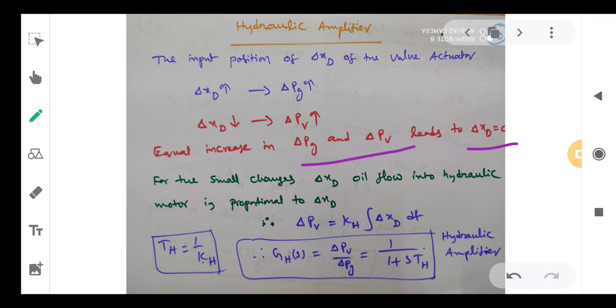So, Gh of S, the transfer function of the hydraulic amplifier, is delta Pv by delta Pg, which equals 1 by 1 plus S into Th, where Th is equal to 1 by Kh. That is the integral of Kh into xd of S. Integration is 1 by S, so Kh into 1 by S into delta xd.